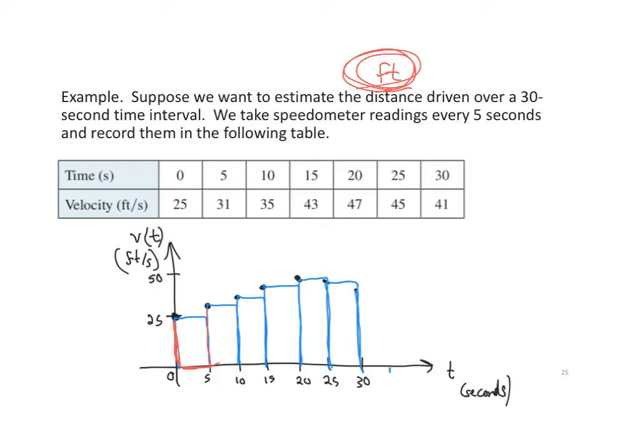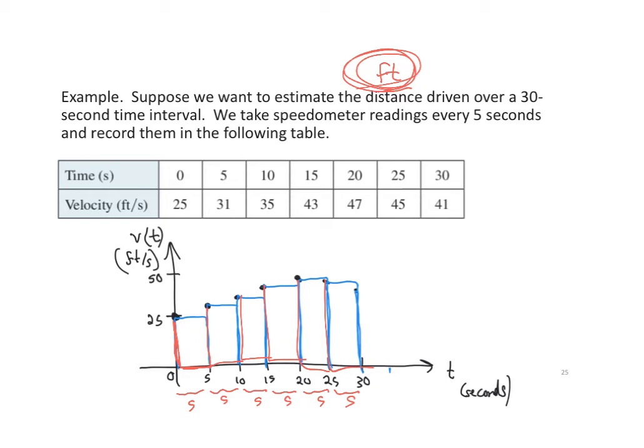If I do that for each of these rectangles, the number is going to be in feet. Noticing that delta x here is 5, in other words, the width of each rectangle is the same, it's 5. Let's add up what we get.